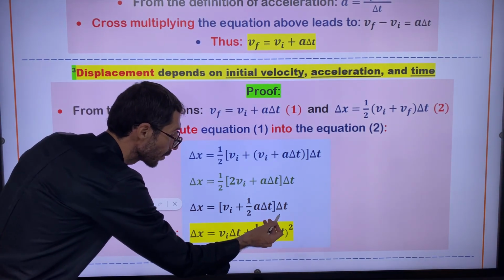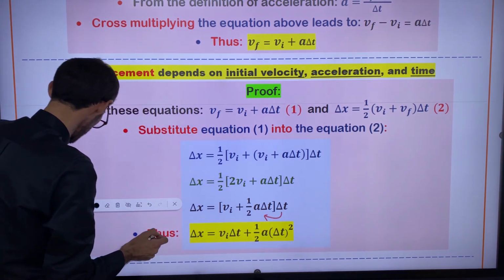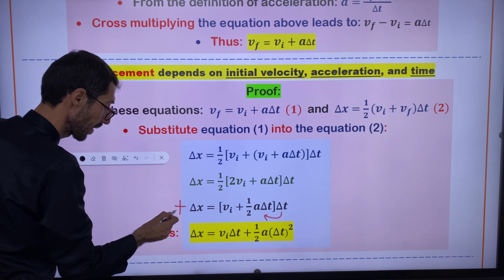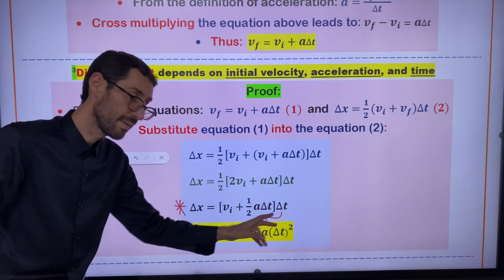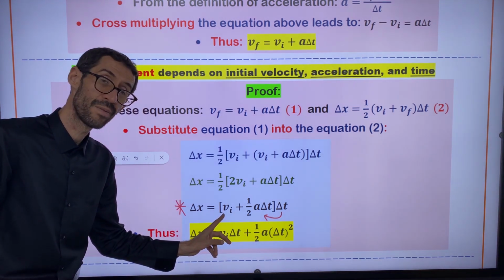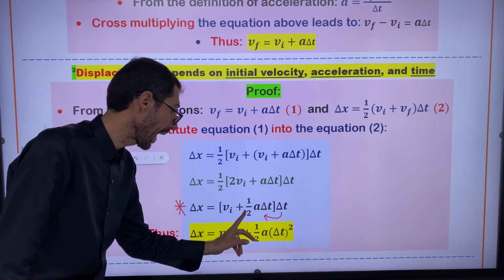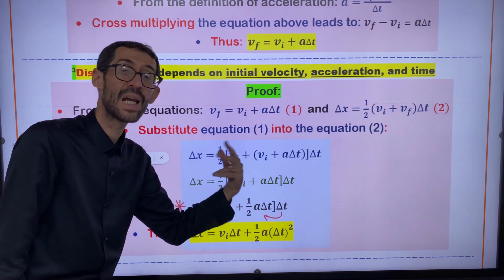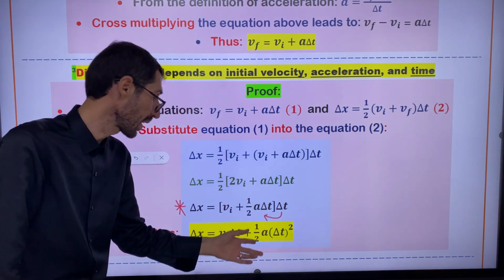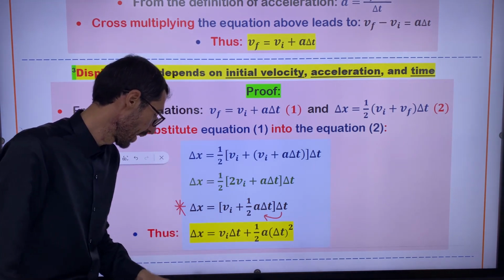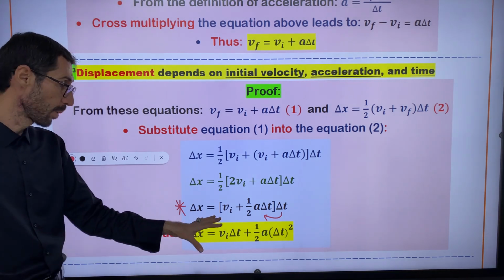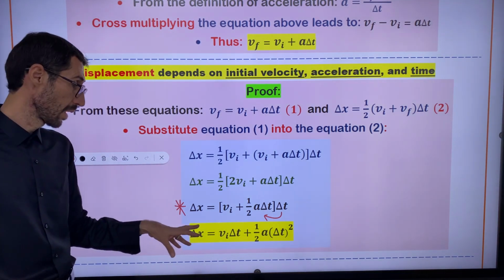We reached this step. Multiply delta t firstly into the vi, so vi delta t plus 1/2 a delta t times delta t. Delta t times delta t becomes delta t squared. And this is the last form of the equation.